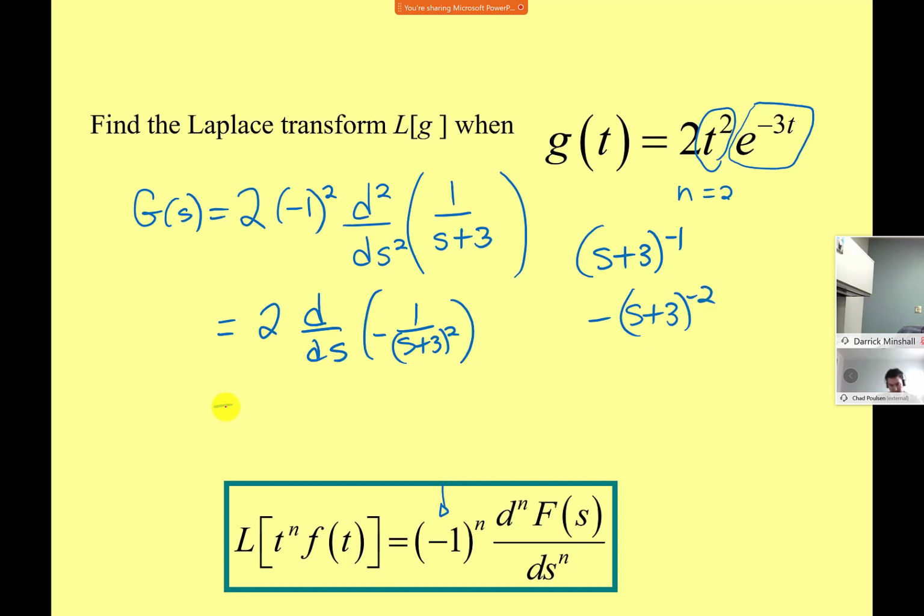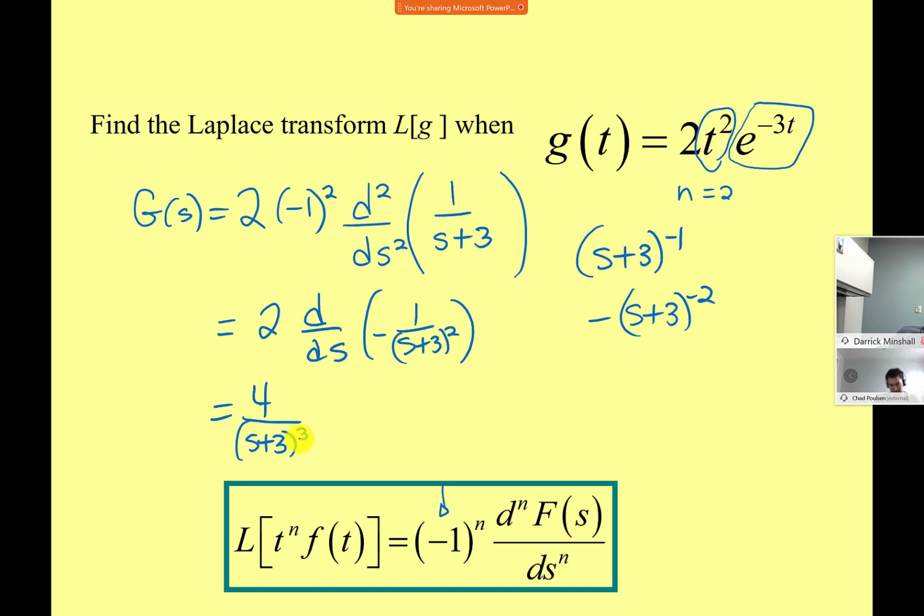So I can do one more derivative of that. And one more derivative of that is going to be power out in front, so that'll now make that a 4, and then decrease the power by 1, so over (s plus 3) to the 3rd.